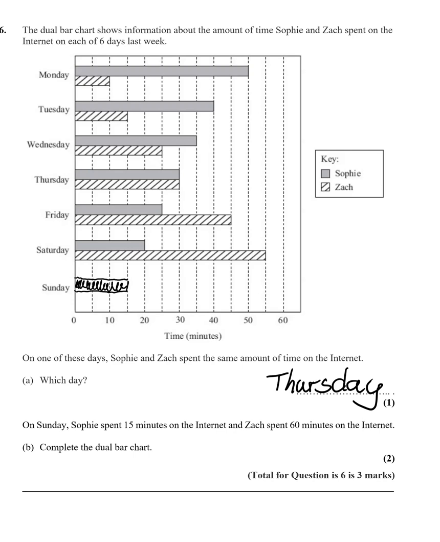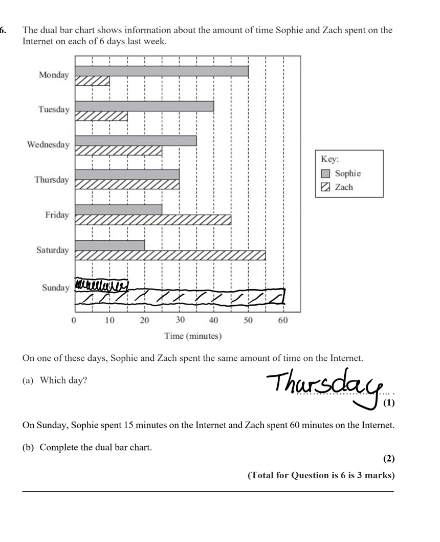Then Zach spent 60, so he's going right up here. So let's put Zach's bar in, up to 60. We can join them together. And then we need Zach's markings, which are diagonal lines. So we've got Zach at 60, Sophia at 15.